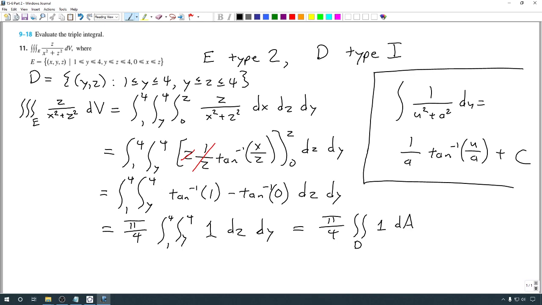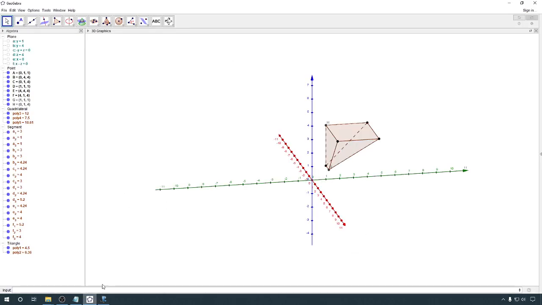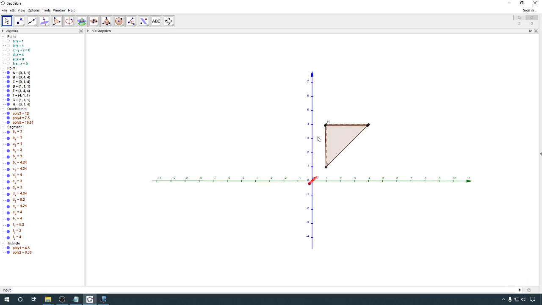And here we can actually even cheat a little bit. Since we know that the double integral of 1 over a region D is just going to be the area of that region D, and we know what the region D is. Remember, it's just this triangle here. We can just evaluate this double integral by looking at the area.